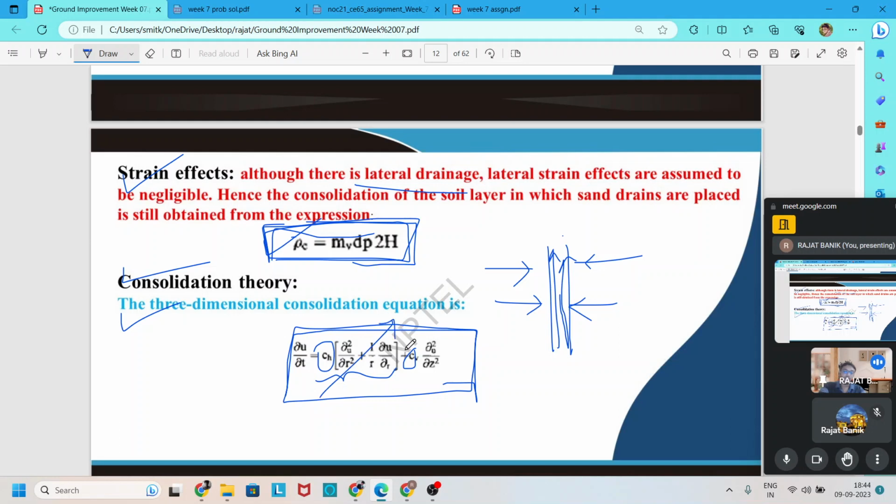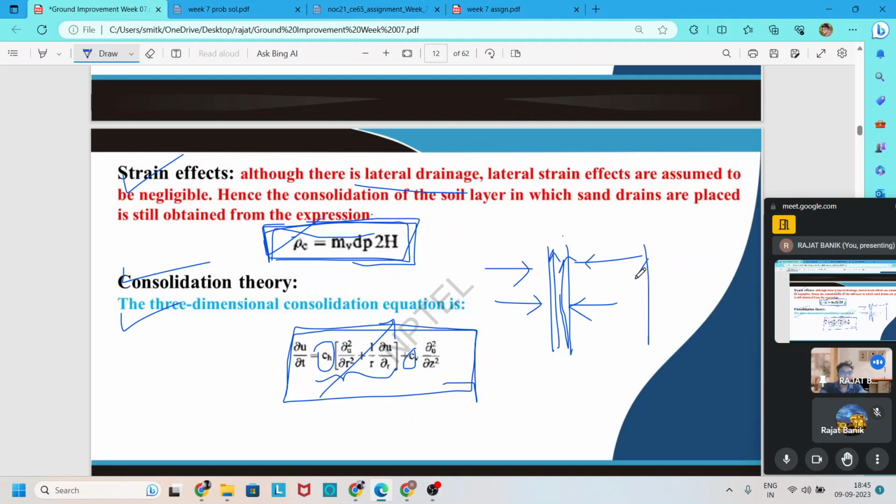If we apply both vertical and radial drains, we use both CH and CV. So dou U by dou T is equal to CH into dou square U by dou R square plus 1 by R into dou U by dou R, plus CV into dou square U by dou Z square.